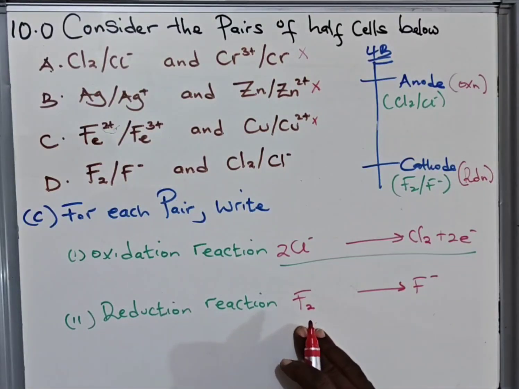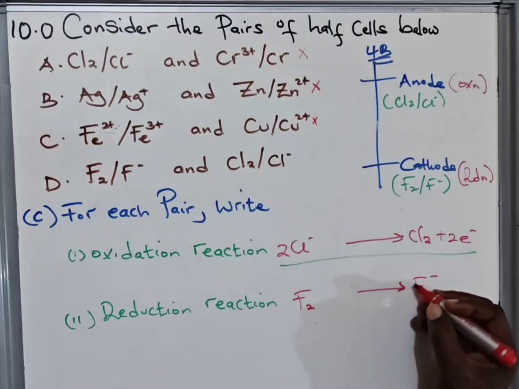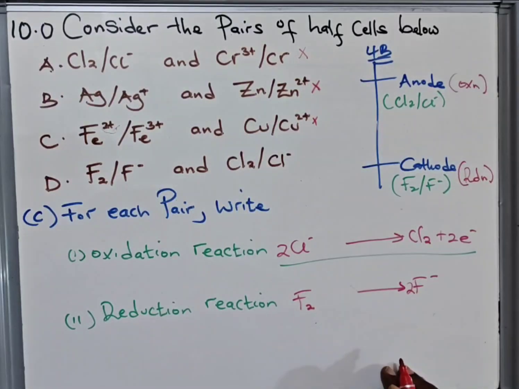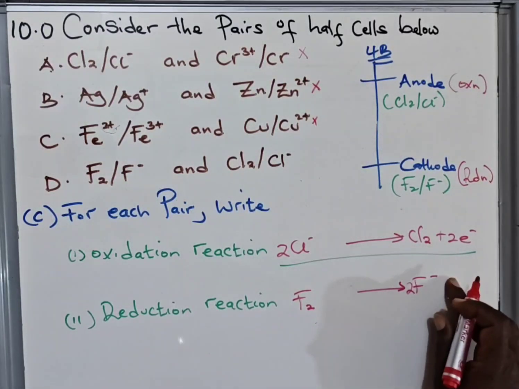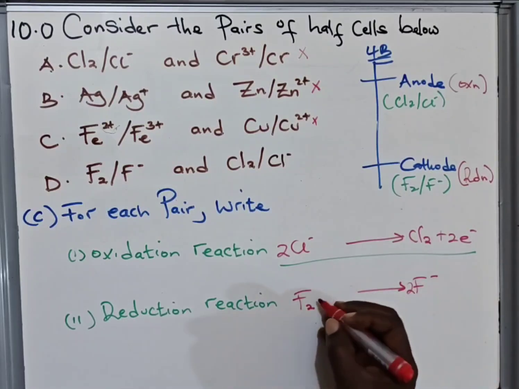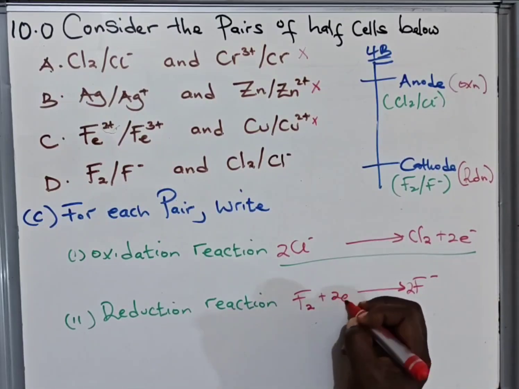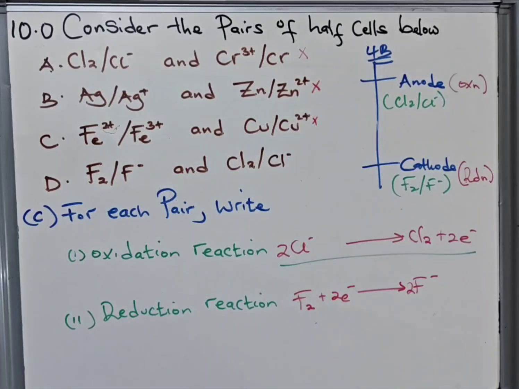At this stage, the first step is to balance by putting a 2 there. The 2 tells us the number of electrons involved. So there are 2 electrons which we put here. So what you observe here is the half reaction for reduction.